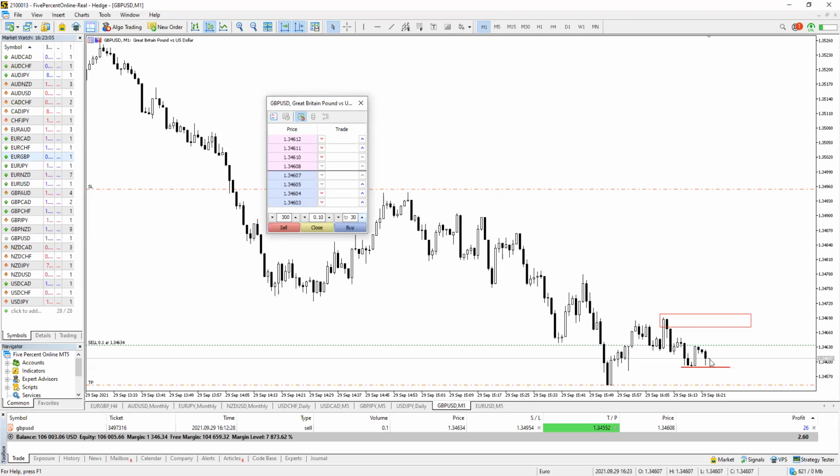Okay, pushing that line and being rejected again. So let's wait for new information and see what the market can tell us.